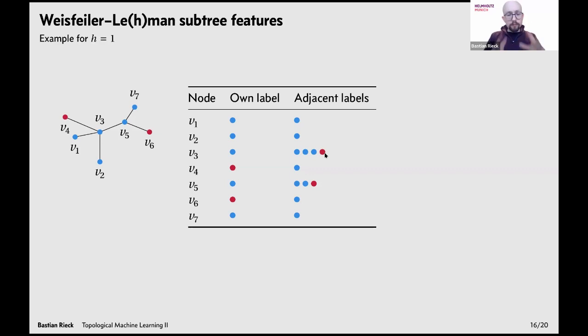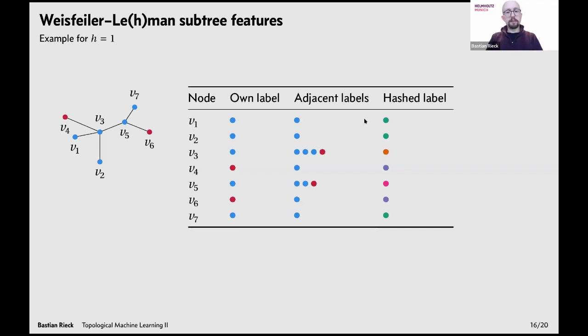Now, you do this for all the nodes and all the neighborhoods, and in the next step you hash all of them, meaning that you compress them to a new label. And as I said before, and I think I did this right because I ran this a couple of times now, the hashed label is uniquely determined by the color of the node that you put in there, so by the own label and the adjacent labels.